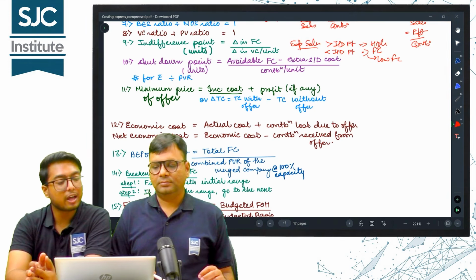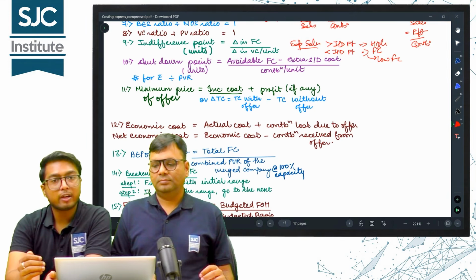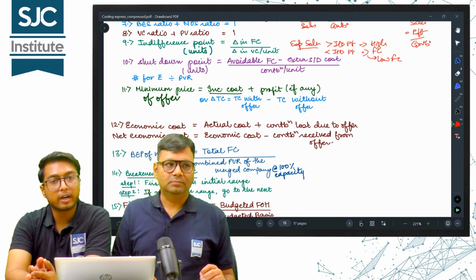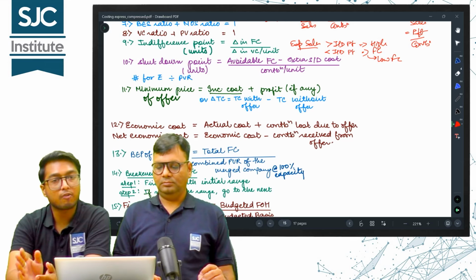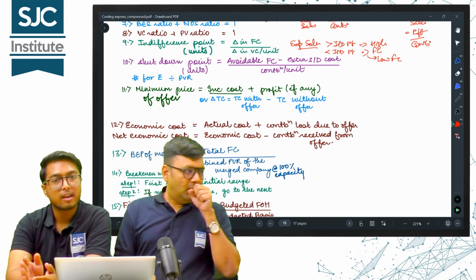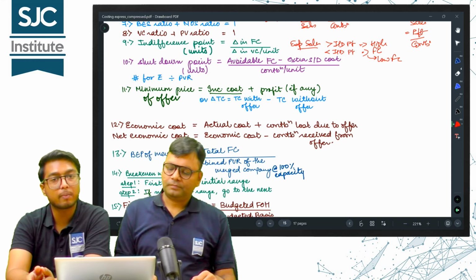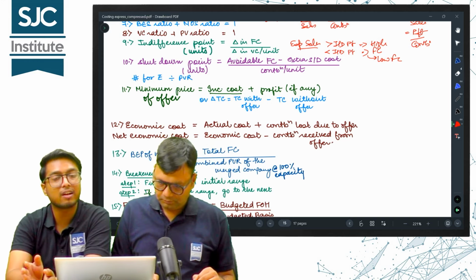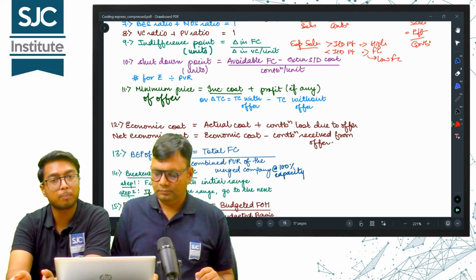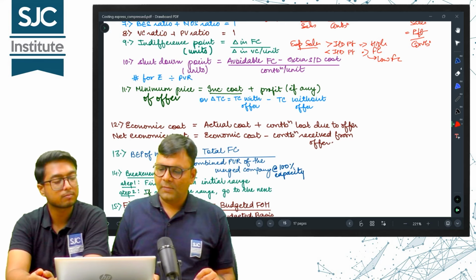Now, shutdown point, where we need to take the decision whether we want to continue the business or shut down the business. The formula here is avoidable fixed cost minus extra shutdown cost divided by contribution per unit. We get the answer in units. Why are we dividing it by contribution per unit? If we divide it by PV ratio, we will get the amount in rupees.